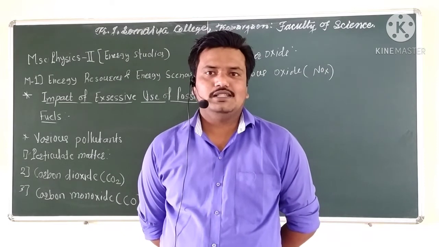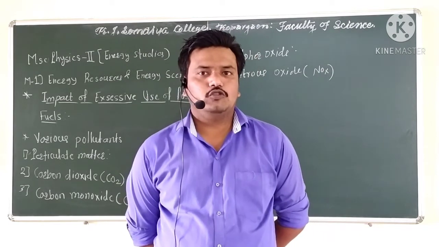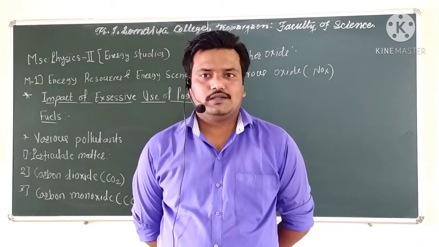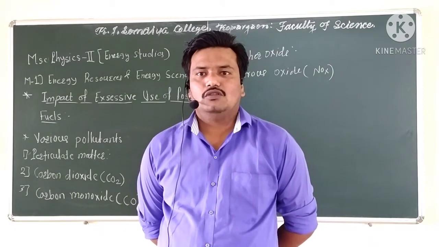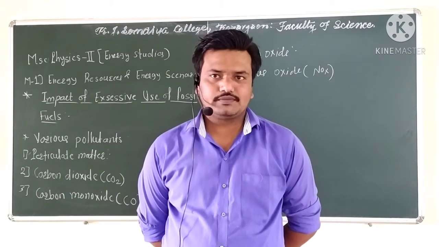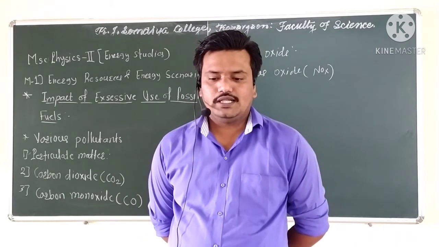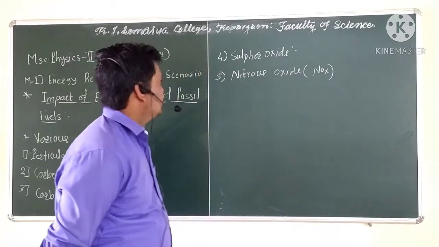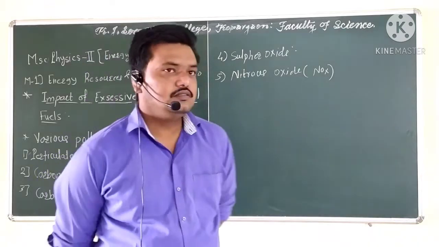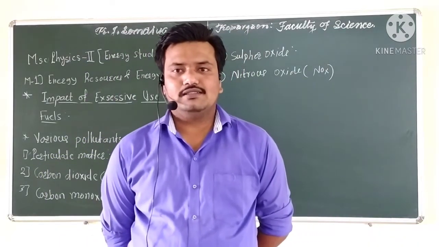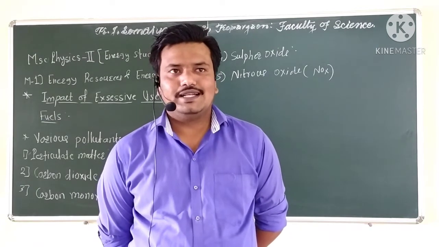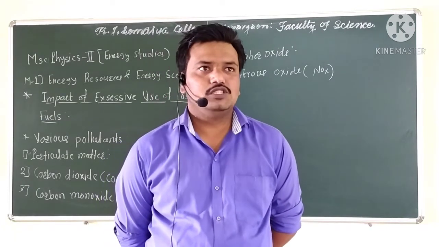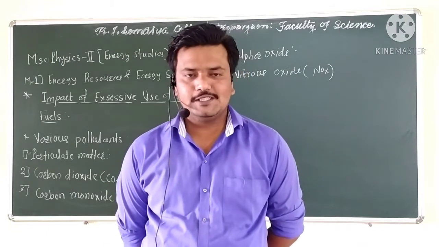Carbon monoxide is hazardous to human beings, causing diseases like headache or depression. After that, the next one is sulfur oxide, which is also hazardous to human beings and the environment. It causes acid rain, which is harmful to agriculture.